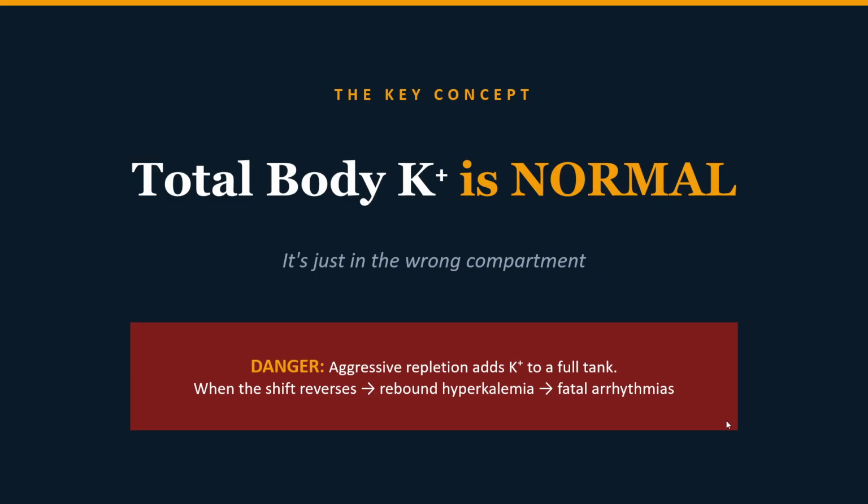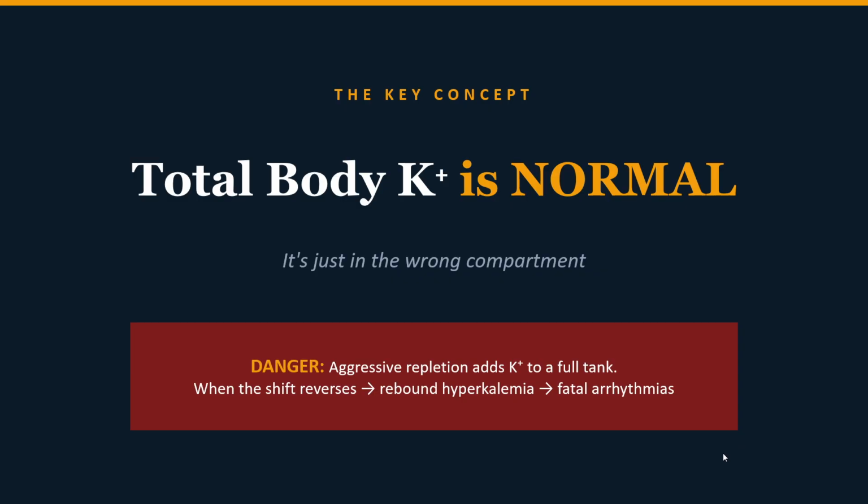You get rebound hyperkalemia, and that can cause fatal cardiac arrhythmias. So, knowing that you are dealing with a shift and not a true deficit changes everything about how you manage the patient. Cautious repletion only, and treat the underlying cause.